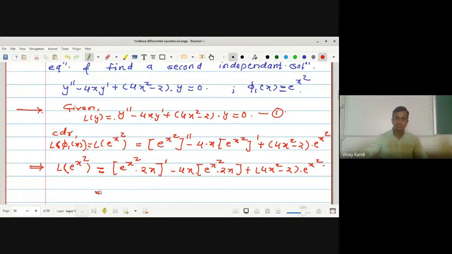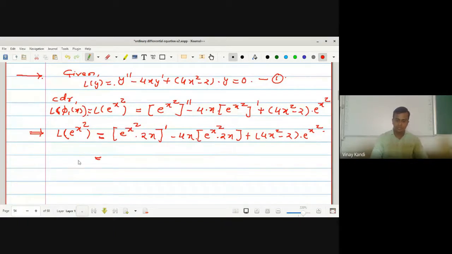Now the second derivative of this one: this one is as it is, e raised to x square; derivative of this is 2x into e raised to x square, minus 4 into 2x square into e raised to x square, plus 4x square into e raised to x square minus 2 into e raised to x square.